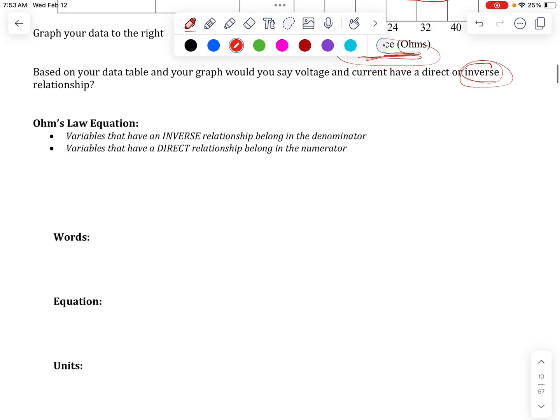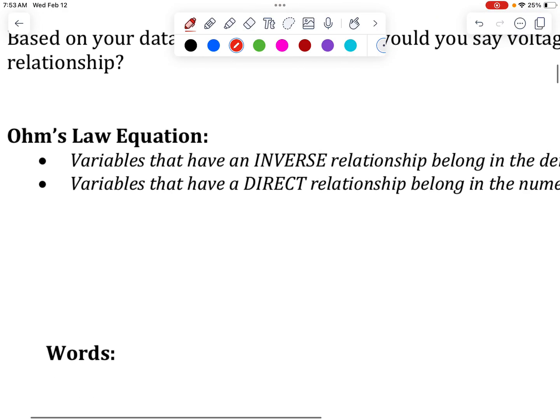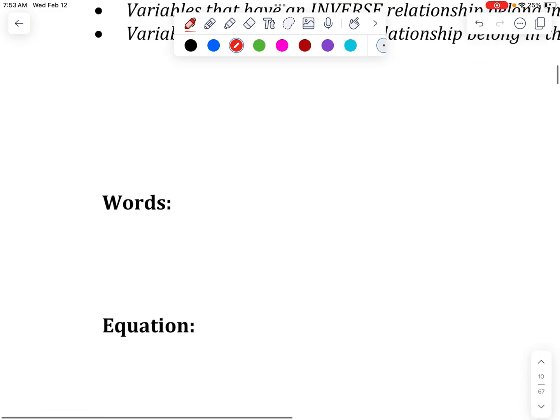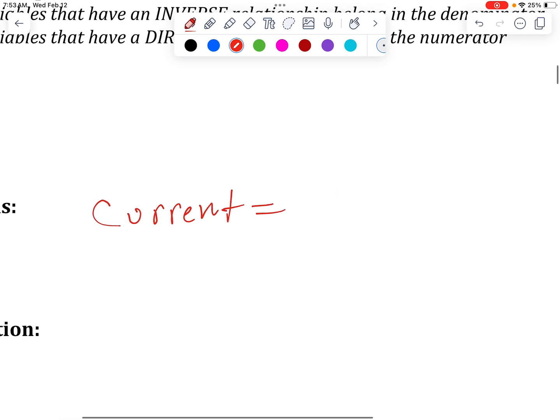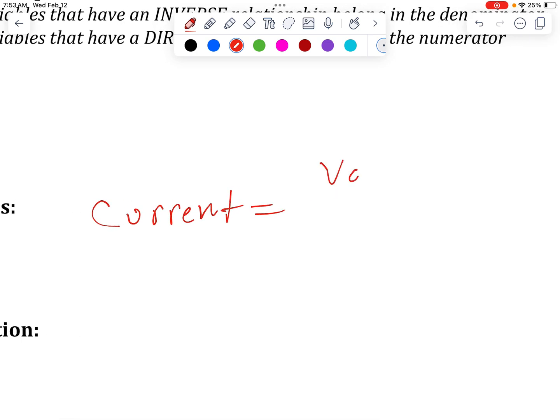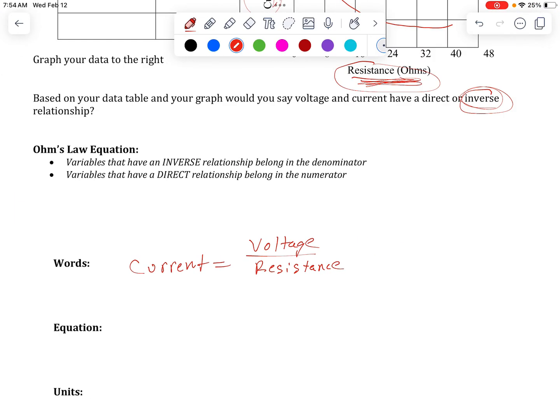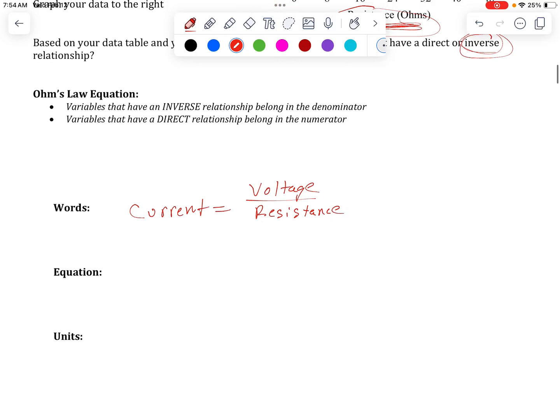And so what we can say is the result of that lab is that we got an equation in words that said this: current, electrical current, is equal to voltage, because there was a direct relationship between current and voltage, over resistance, because there was an inverse relationship between current and resistance. So that's how we got this equation. We call this equation Ohm's law, okay?